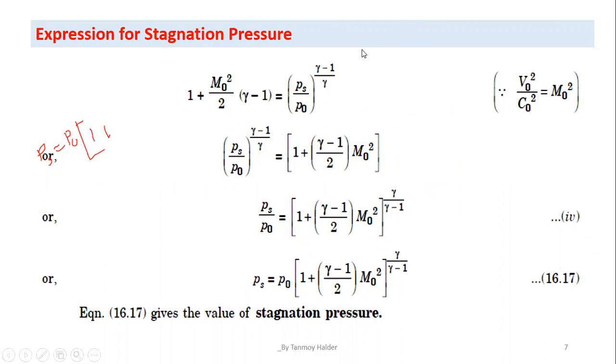Let's just check that and write it over here. 1 plus gamma minus 1 divided by 2 Mo square, whole to the power gamma by gamma minus 1. Right? Now with this note, let's move to the next.